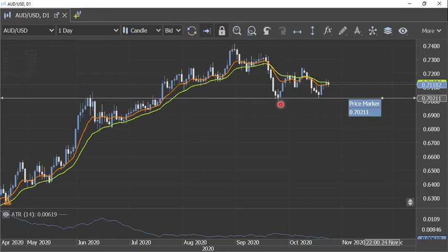We saw this turnaround happening twice as the AUD USD's price approached 0.70, and then this sharp reversal happened. Here also, the case was fairly similar.